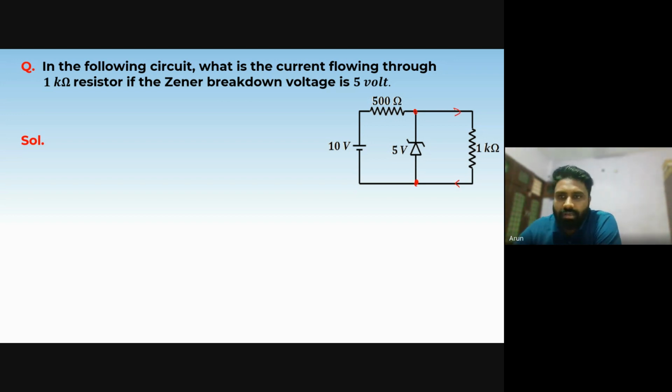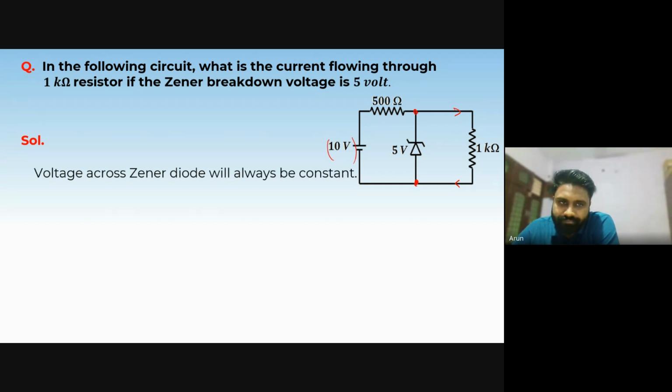We have the external source which is 10 volt, but we know that the voltage across the Zener diode will remain the same. A Zener diode is operating at 5 volt, so the voltage across the Zener diode will always be constant.